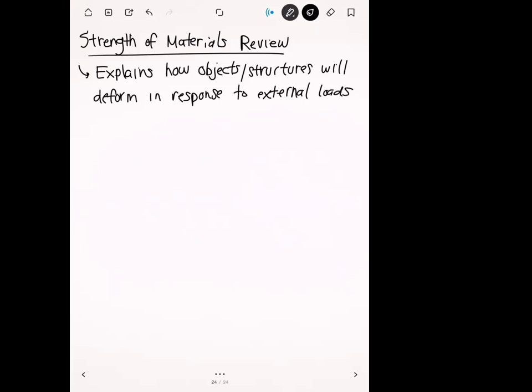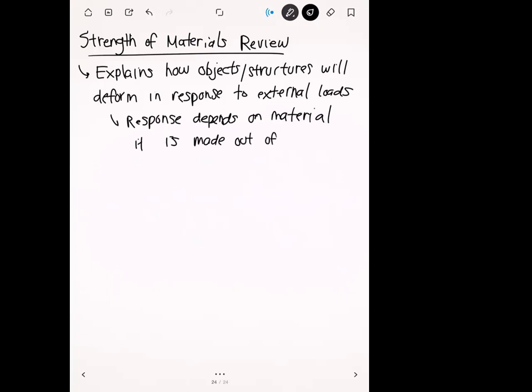Okay. And the way that objects respond to external loads depends a lot on the material that it's made out of. Right.